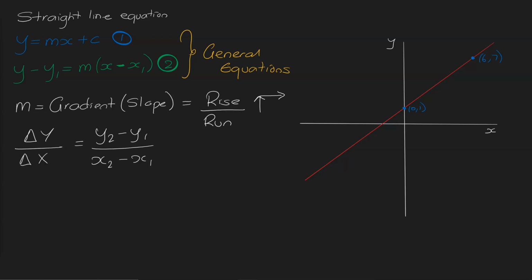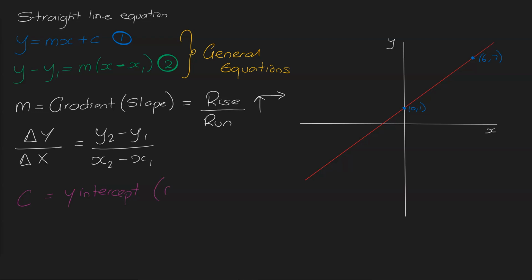Okay, and finally, what is c? Oops, that shouldn't have been there. I'll write that out again. Just get rid of that over there. Okay, our c is our y-intercept, so where that line cuts the y-axis.